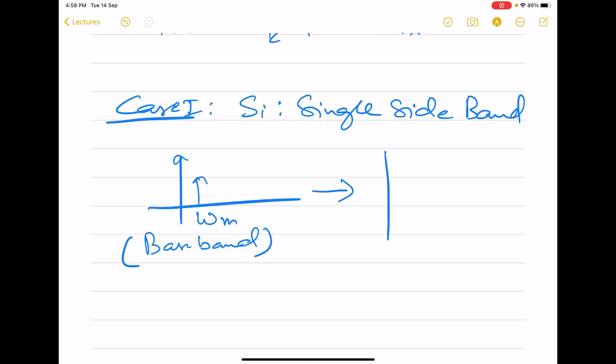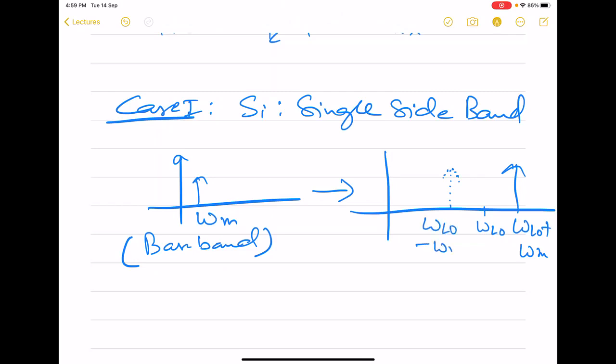After up conversion, we will usually have two bands, omega LO plus omega M. Here is omega LO, the carrier frequency, and its image, which will be suppressed in the single sideband, which is omega LO minus omega M. So this part is eliminated and only this thing is transmitted.